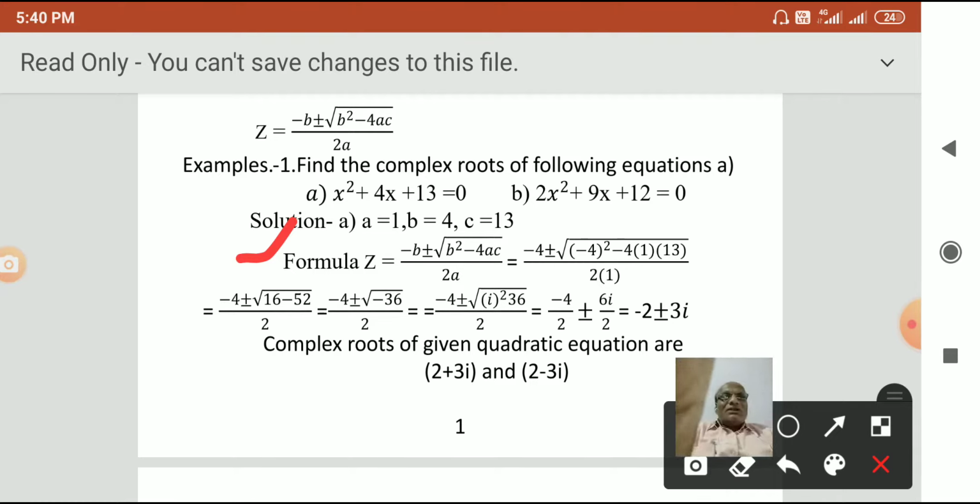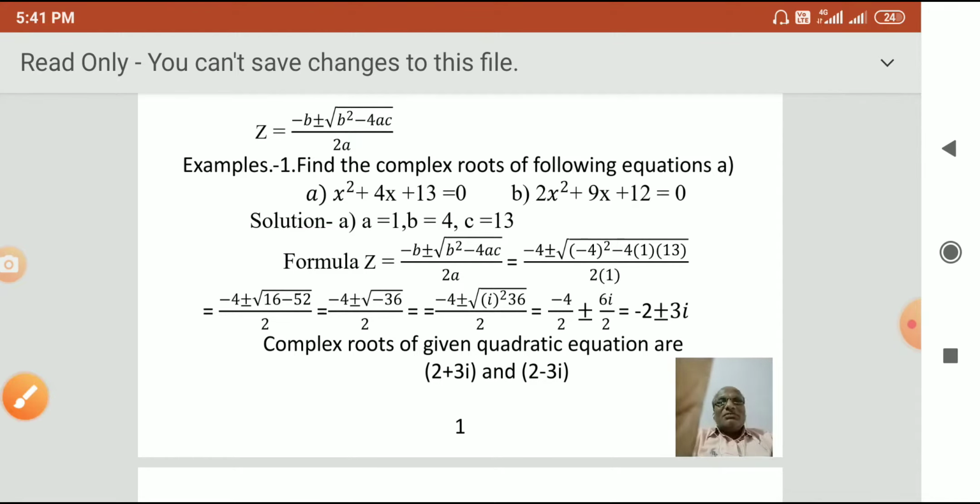So substitute the value of b, a, and c. So first, substitute the value of b, that is minus 4 plus or minus square root of 4 square minus 4, the value of a is 1 and the value of c is 13, divided by 2 into a, the value of a is 1, so 2 into 1.